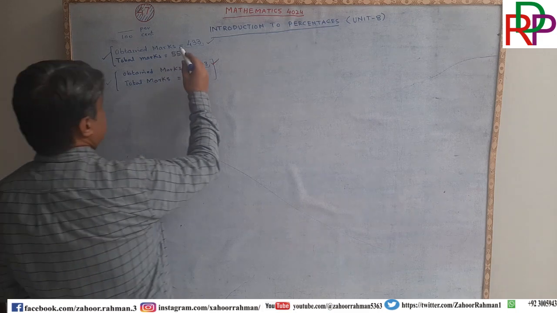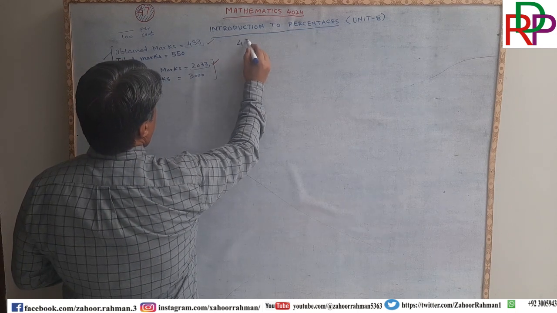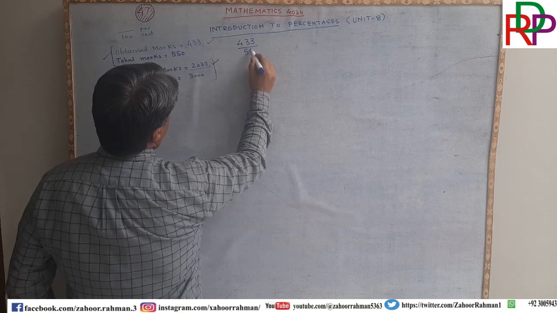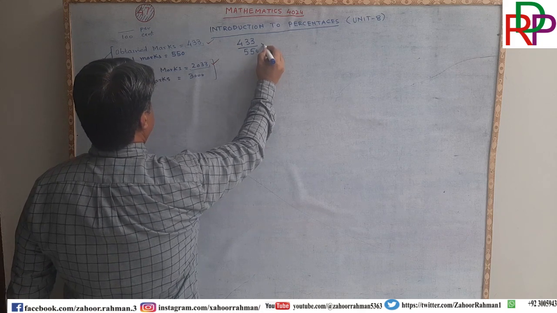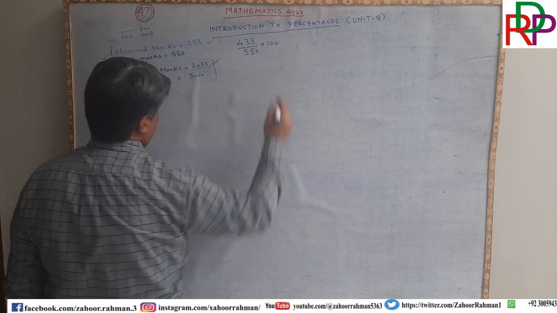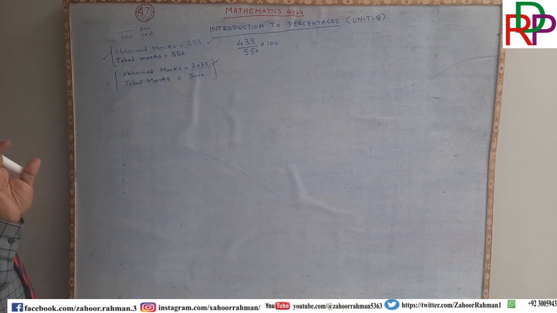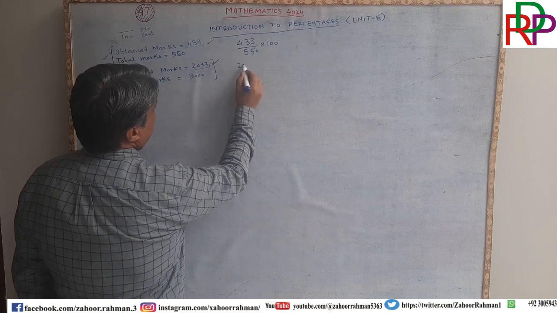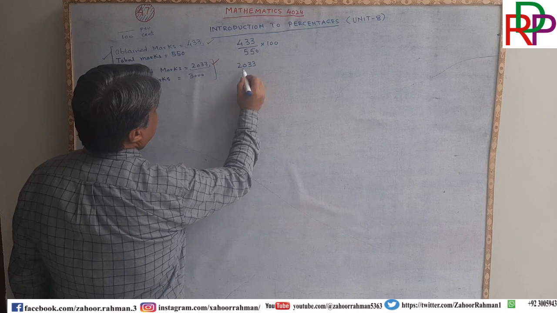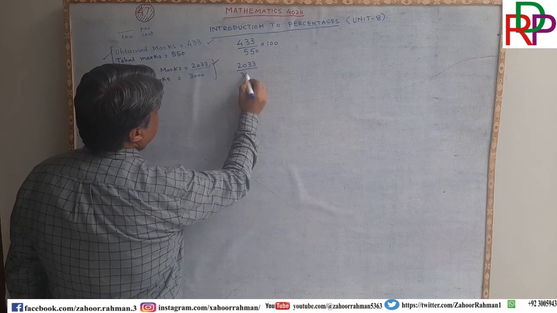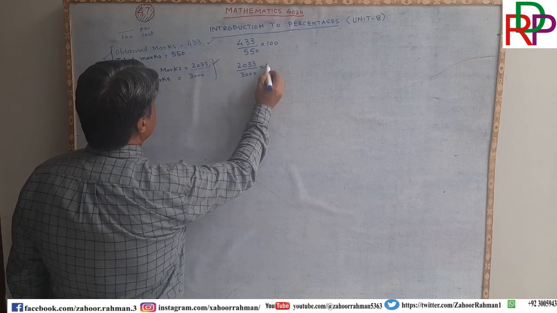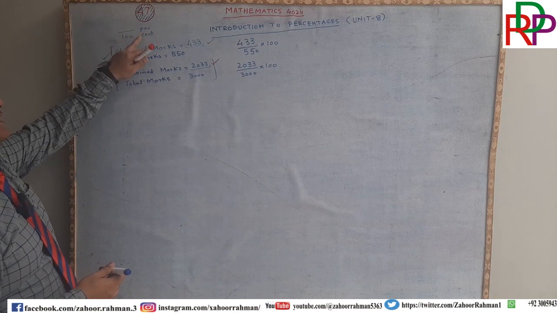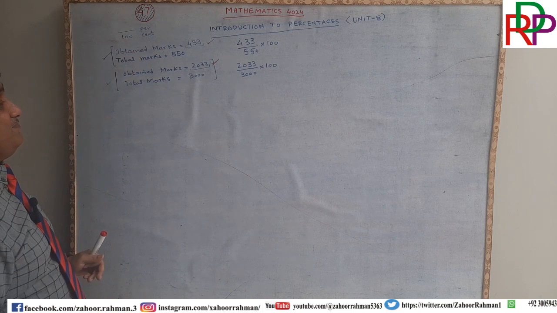If the first person is getting 433 out of 550, then how much will he get in 100? There will be one standard. If this person is getting 2033 in 3000, then how much will he get in 100? That is why we are saying percent, in 100.